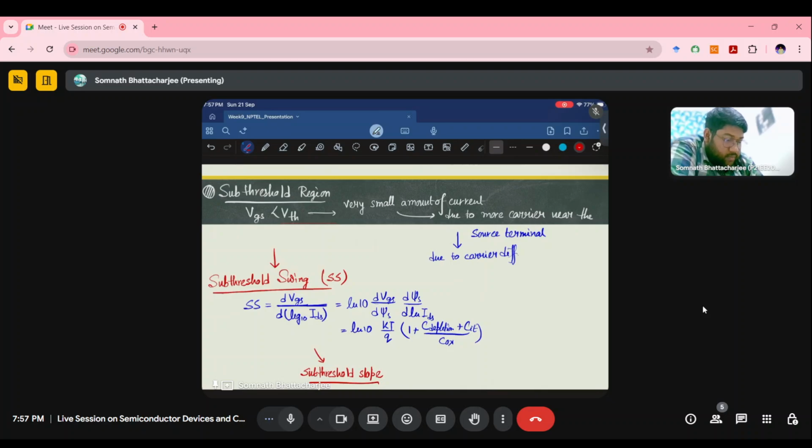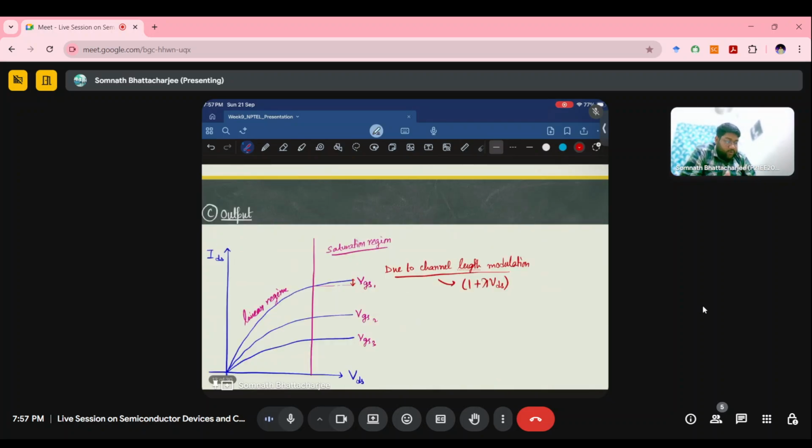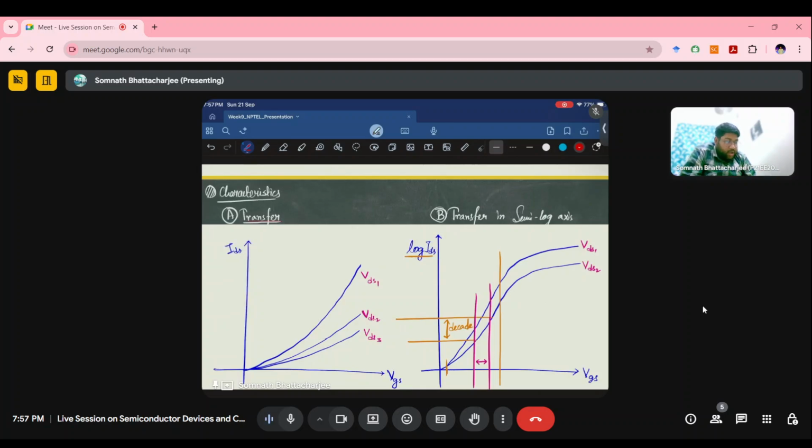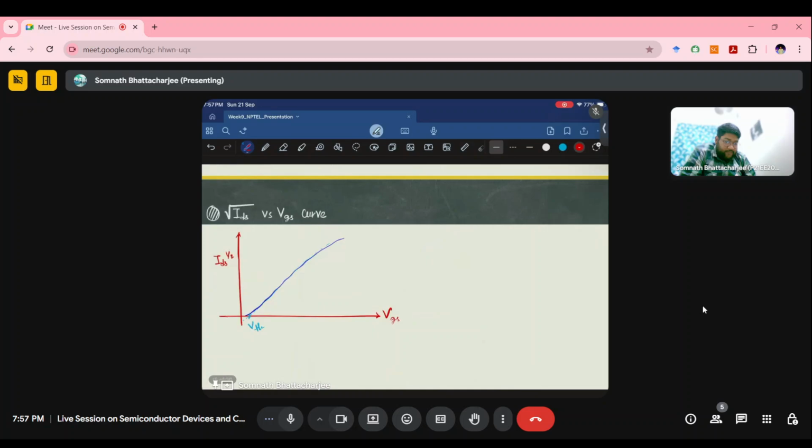So this is the reciprocal of SS. So if we are just inversing the value of the subthreshold swing, we can directly get the value of subthreshold slope, which can be directly determined from the curve itself. From the curve itself, we can also get the value of VTH.